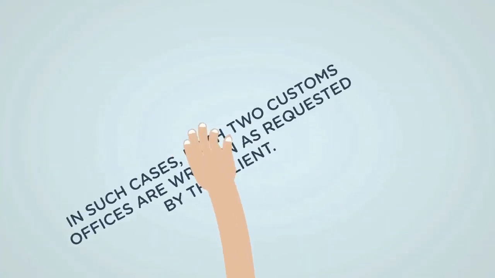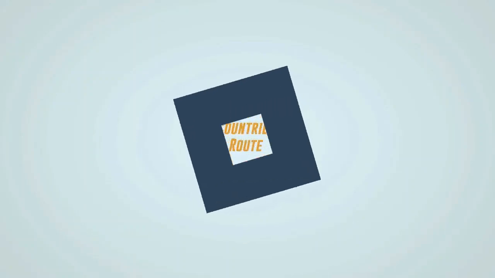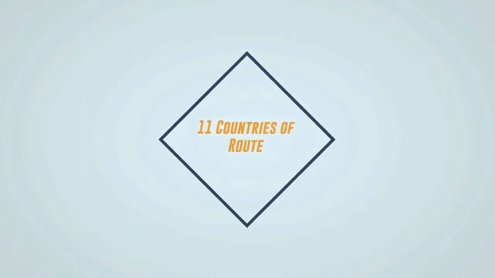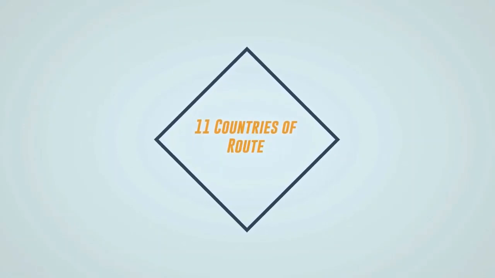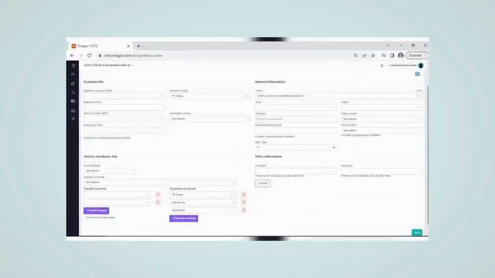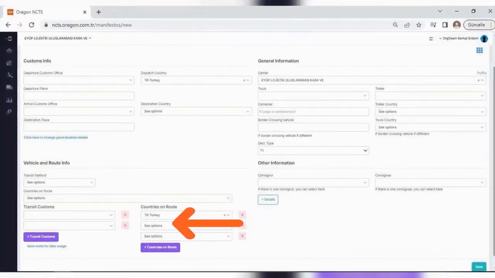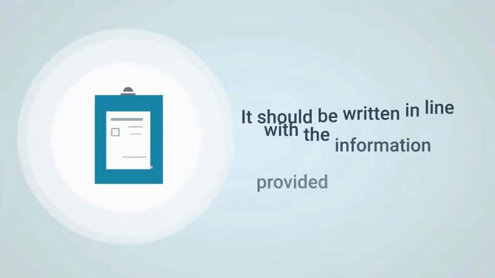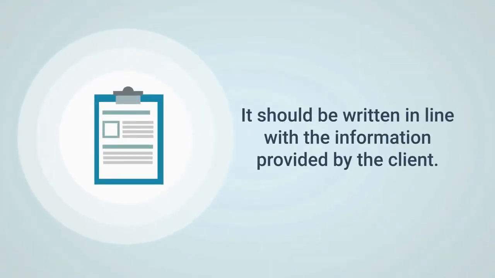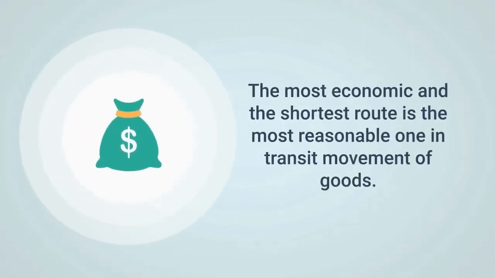Countries of route. It should be written in line with the information provided by the client. The most economic and the shortest route is the most reasonable one in transit movement of goods.